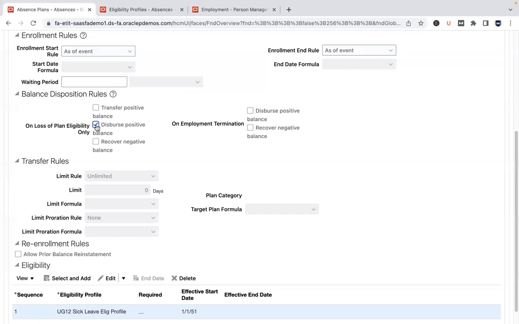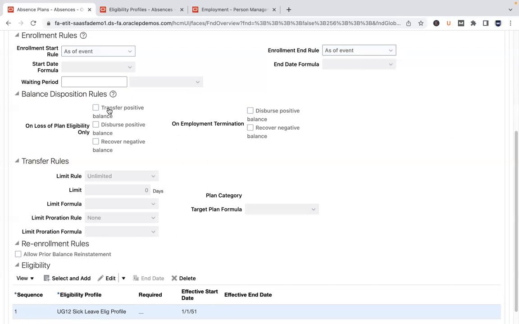So disperse the positive balance or recover negative balance. What does disperse positive and recover negative balance mean? If you have a positive leave balance, depending on your pay scale, the amount would be processed in the next payroll and you would be paid out. Those leaves would be paid out.